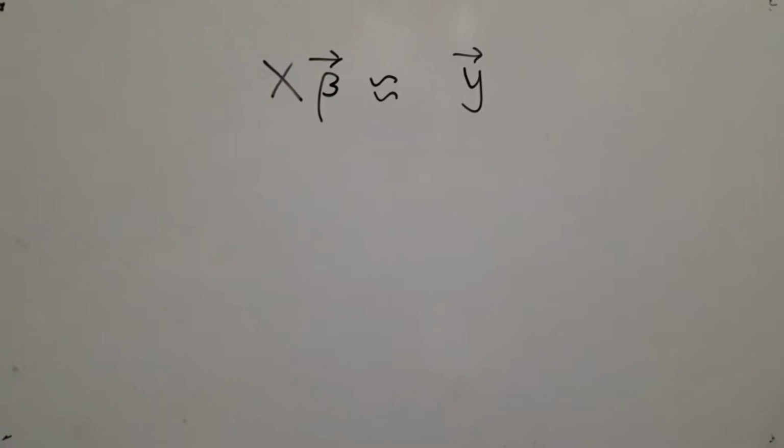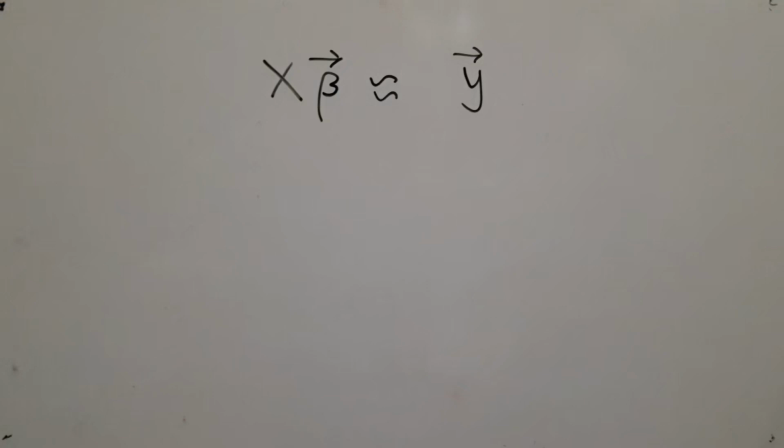In one of our earlier videos, we had seen this equation Xβ ≈ y, where this system could be inconsistent. Now we wanted to solve it in the least square sense. For this, we had given a strange magical prescription.